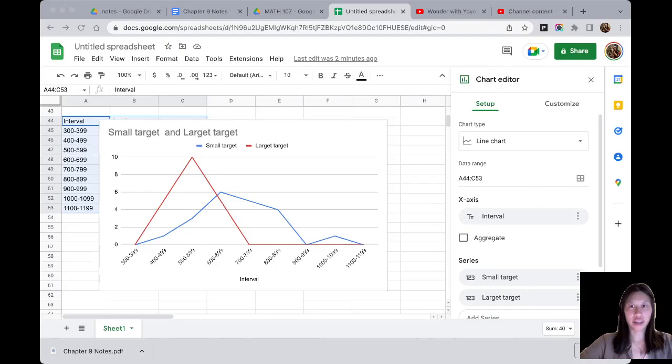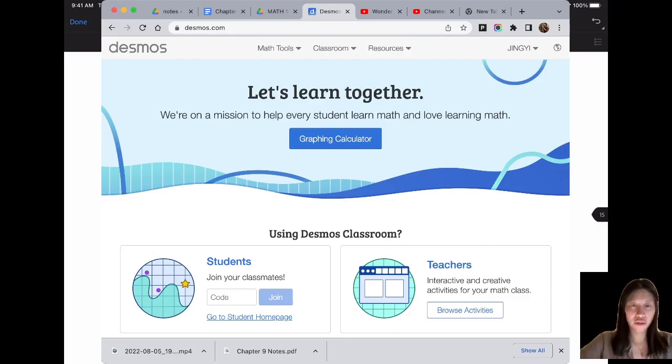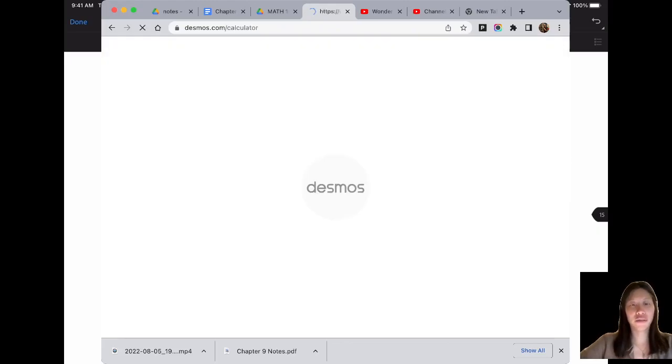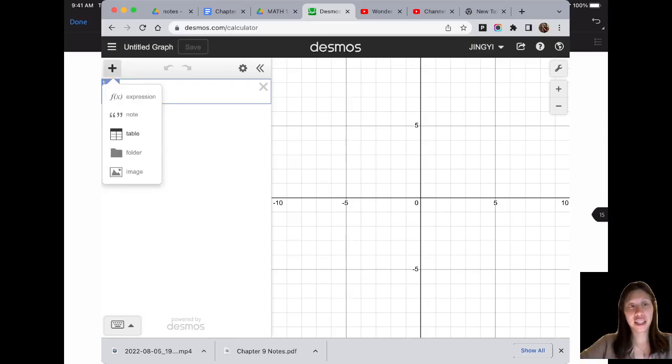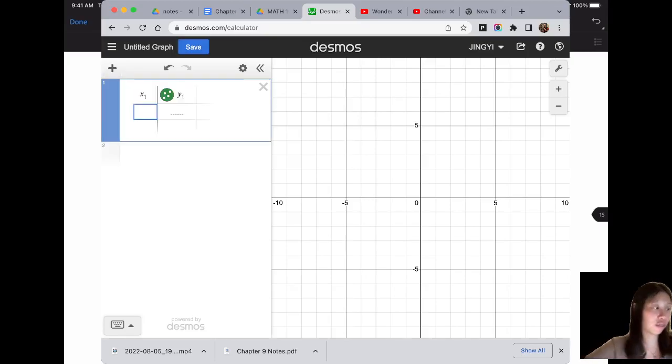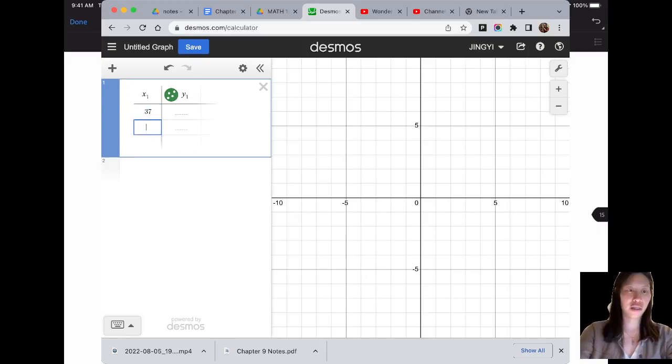So on the graph, I may go to Desmos. Once you click on Desmos and then hit graphing calculator, on the upper tab you can tap add an item and choose table, or you can choose a set. So usually I would type in the table and then input all the data.